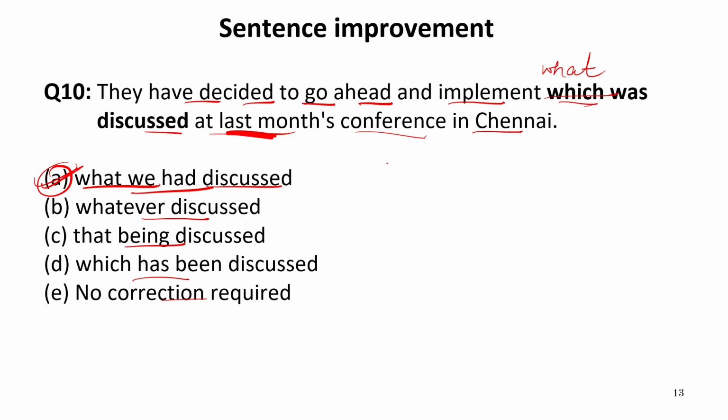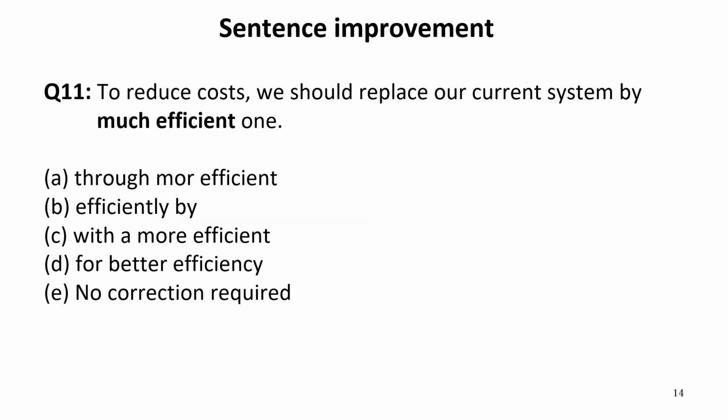They have decided to go ahead and implement what we had discussed at last month's conference in Chennai. So our answer is A. Now let us move to the next one.